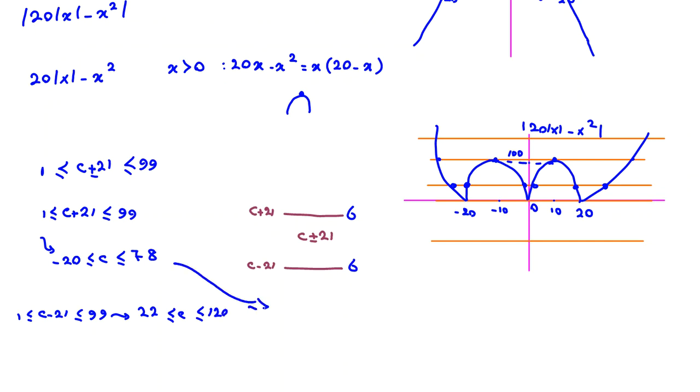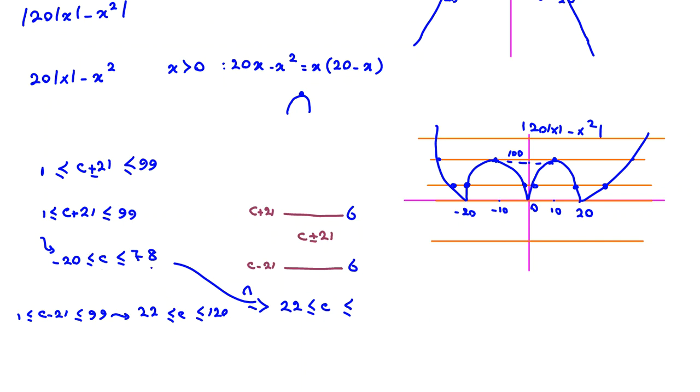Now we should consider the intersection or union of these two inequalities. Intersection means C should satisfy both of them. So C is at least 22, because when it is greater than or equal to 22, it is also greater than or equal to negative 20.